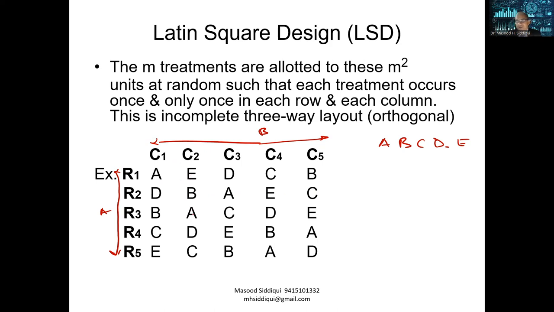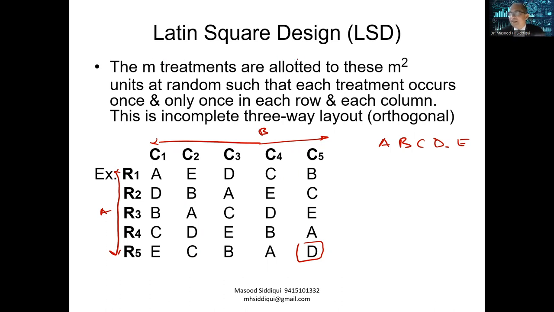Then we have E, B, A, D, C, and it is not repeated. Like here, let us consider D. D is assigned once in a row, that is a single D, and once in a column. So this is the condition that we impose.